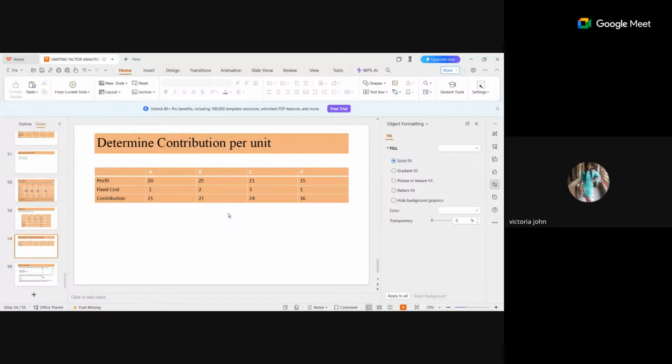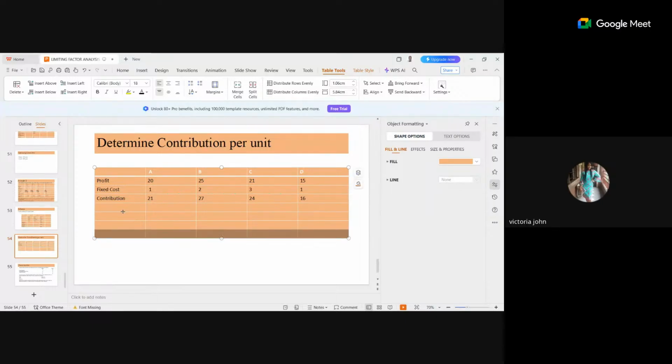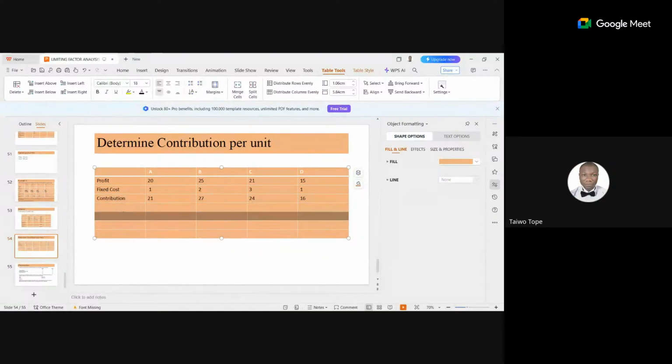Your contribution per limiting factor. So let's show that here again. So contribution per limiting factor.